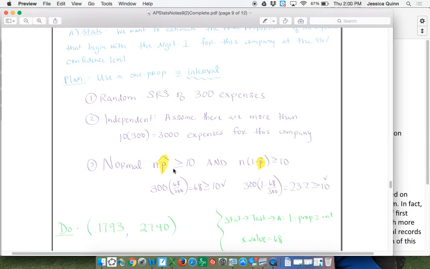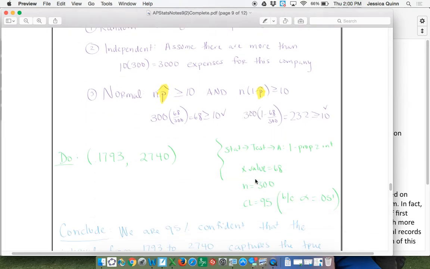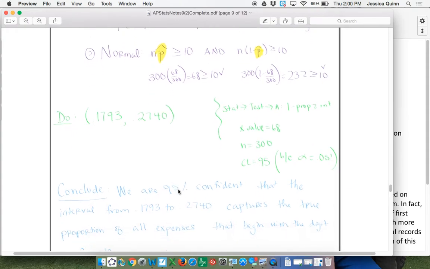So n p hat is 300 times 68 out of 300, so 68. That's greater than or equal to 10, and then 300 minus 68 is 232, which also is greater than or equal to 10. Therefore, the sampling distribution of p hats is approximately normal, and we can go ahead and use our calculator.